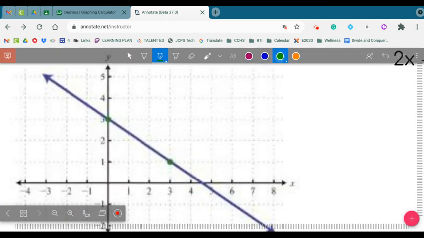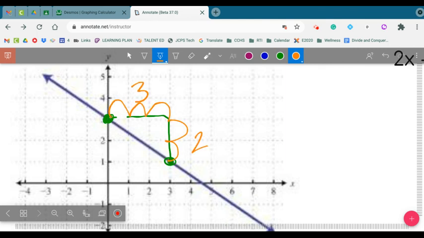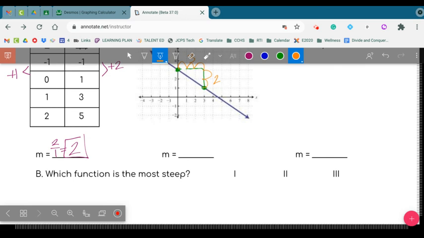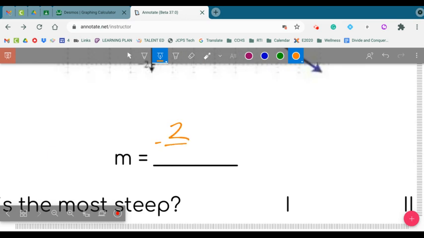We find our 2 points. It looks like they already plotted our points. Draw a little triangle. Looks like we rise 1, 2, and we run 1, 2, 3. It looks like it's going down, so it's going to be negative. So negative 2 over 3, because it's our rise over run.